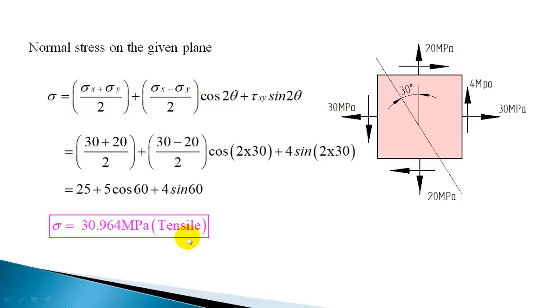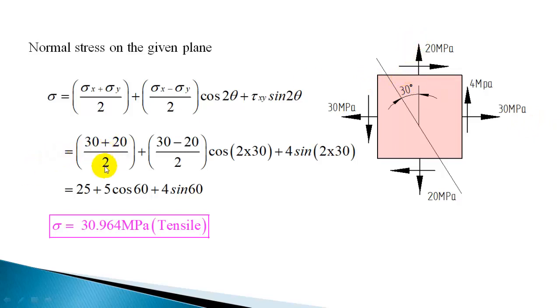Now let us find out the normal stress. Normal stress on a given plane is given by sigma x plus sigma y by 2, plus sigma x minus sigma y by 2 cos 2 theta, plus tau xy sin 2 theta. Sigma x is plus 30, sigma y is plus 20.